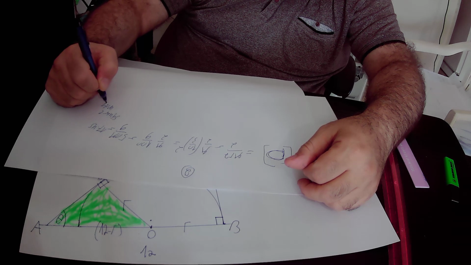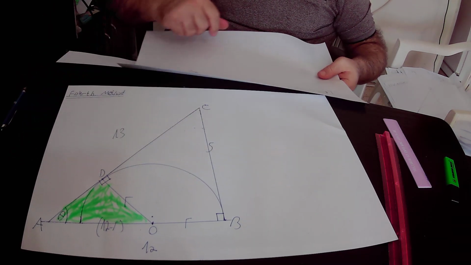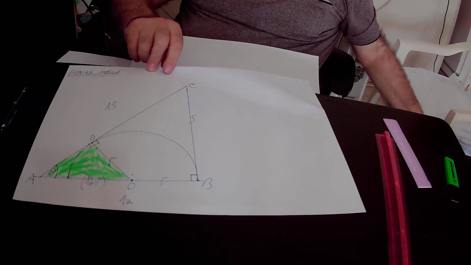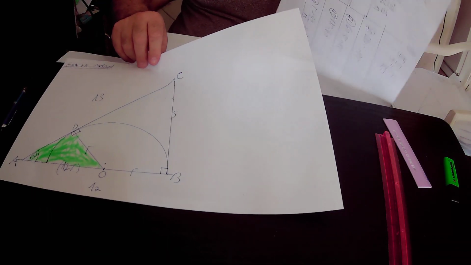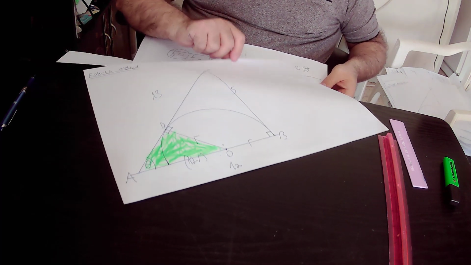Okay? So in the next step, I will summarize the lecture. We found out the area of this semicircle according to 4 different methods.